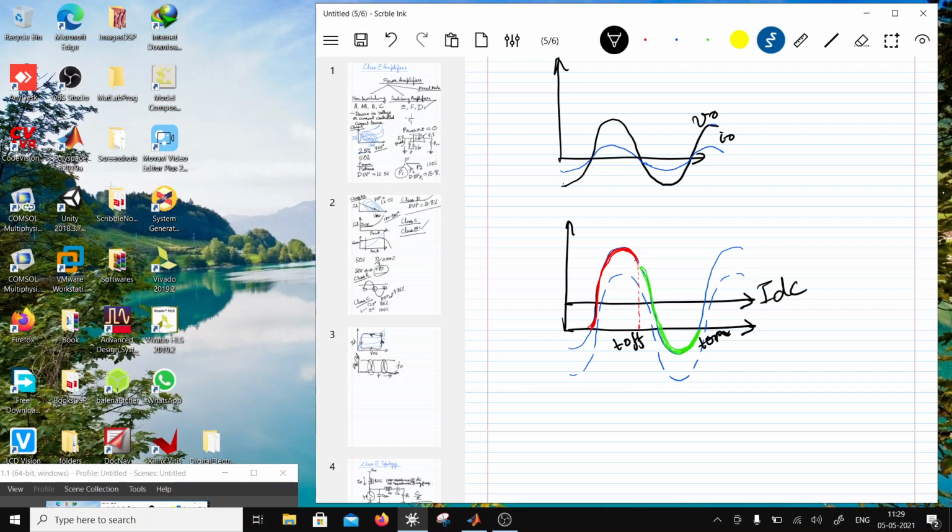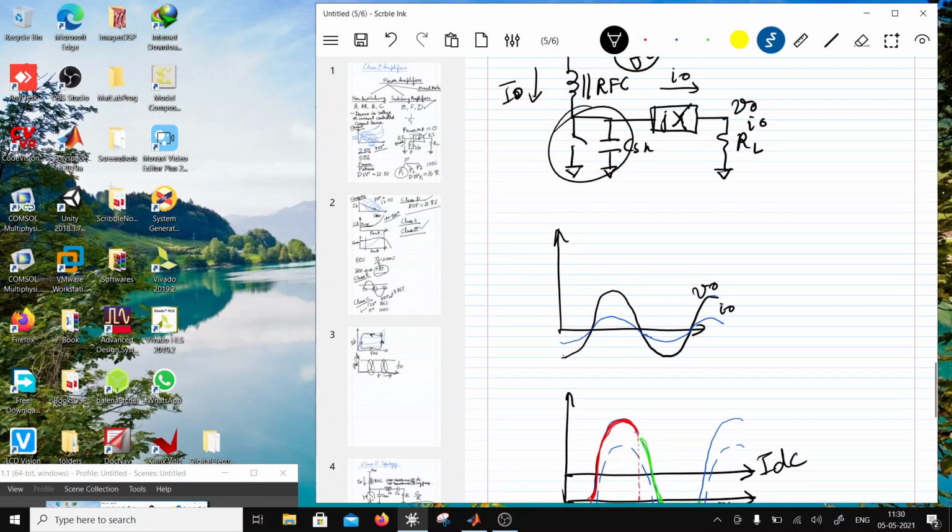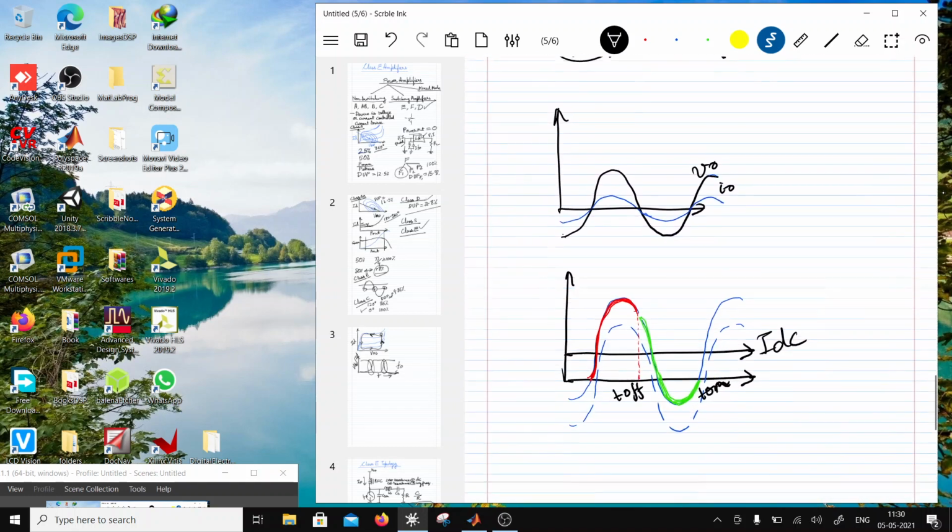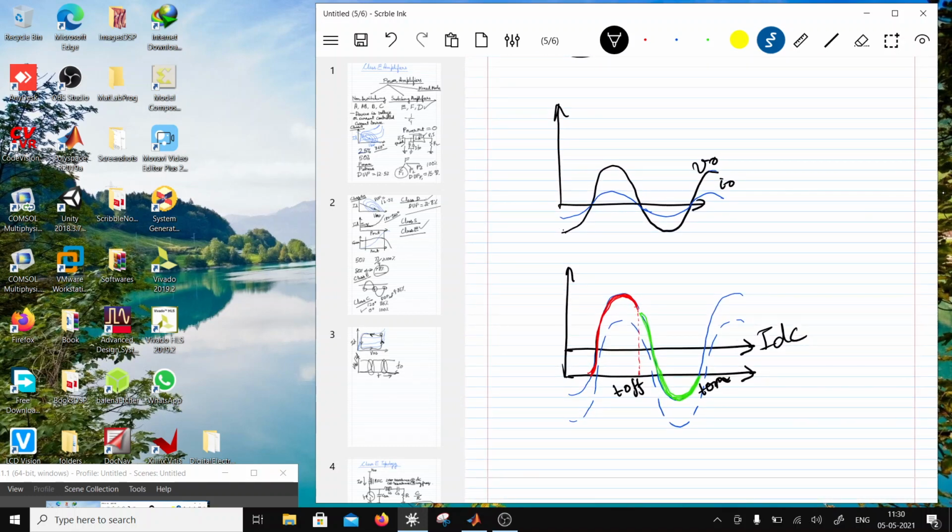Now you can see, when the red current is there, the voltage across the switch is 0 because this is the 0 resistance, but the current is full.